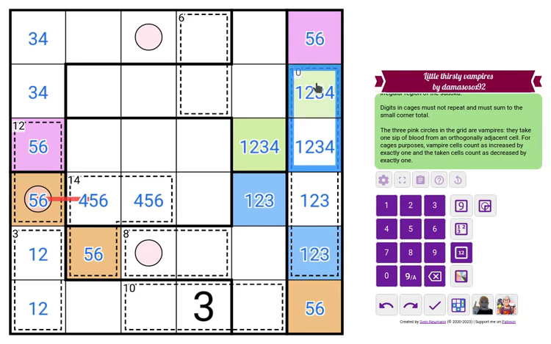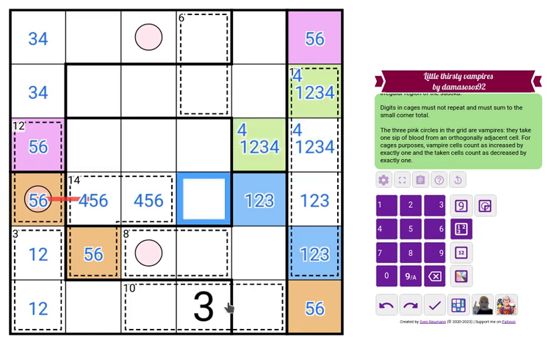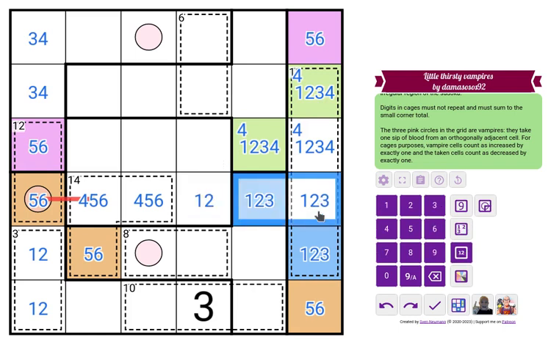So there's a 4 here, which means there's a 4 here, because these are the same. This is 1, 2. So there's a 3 in these.